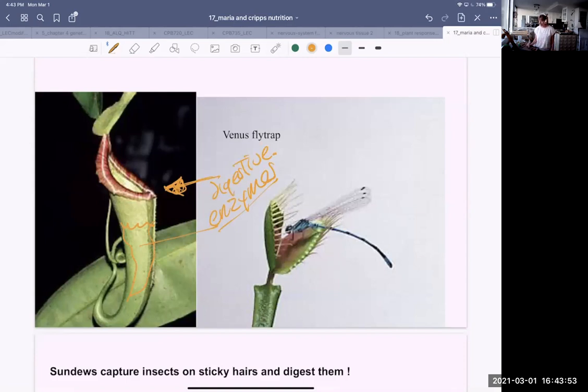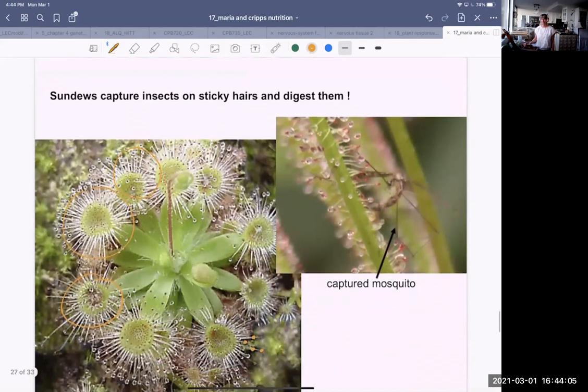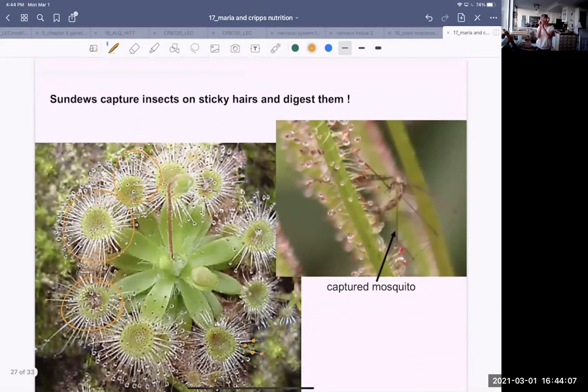Yeah, and the flytrap, it releases enzymes as well and digests the insect. And then when it opens up, the insect is just a husk, a dry husk. And the sundews as well, they'll fold over, release enzymes, absorb the nutrients from the insect, and then they'll open up again, and all that will be left will be a little dry insect.